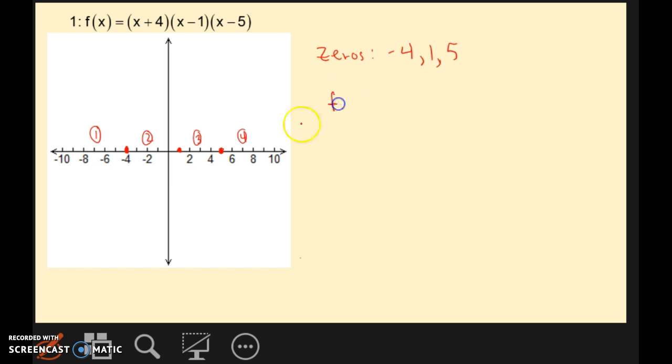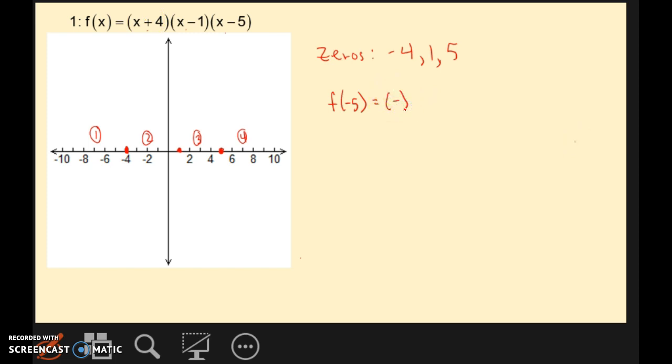When I take something in region 1, something less than -4, I might try -5. I'm going to take -5 and plug it into this original function and only focus on signs, not the actual number. When I plug -5 into this first set of parentheses, I get a -1, so that's a negative sign. And I just wrote the negative, not the -1.